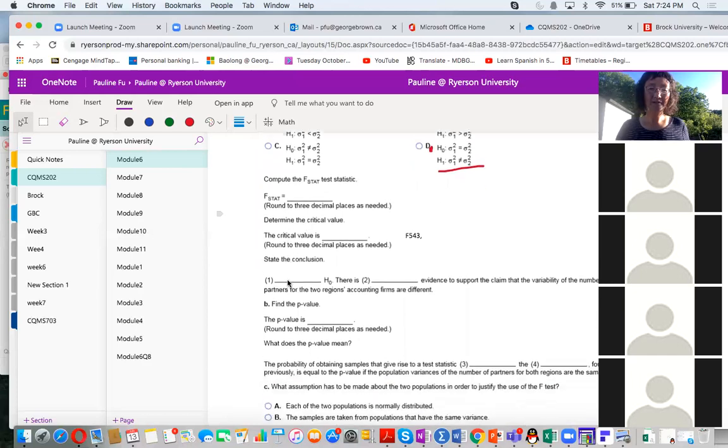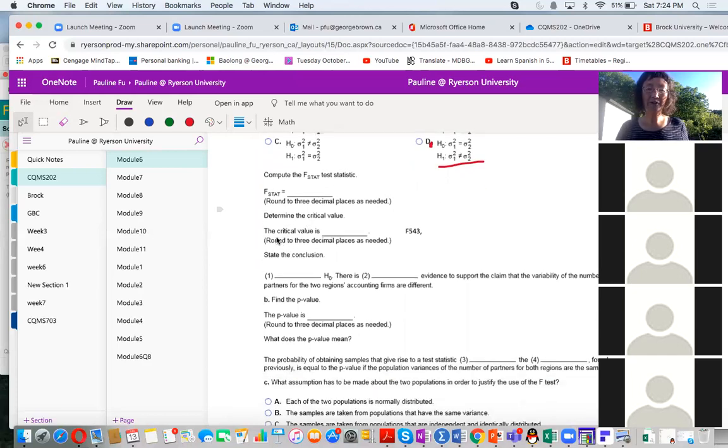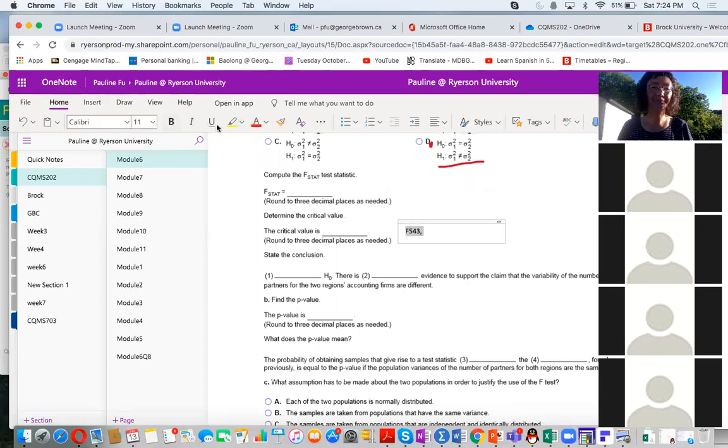Okay, and next question, what is the critical value? And for critical value, you follow this step. Okay, F5, F4, F3. You follow F5, F4, F3.